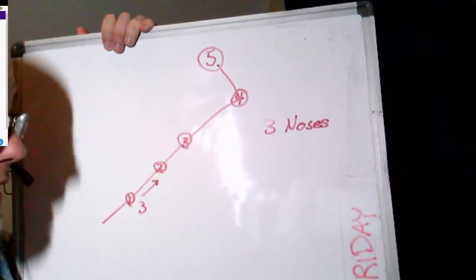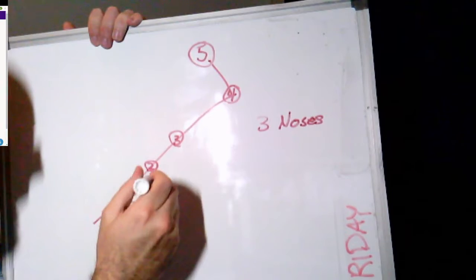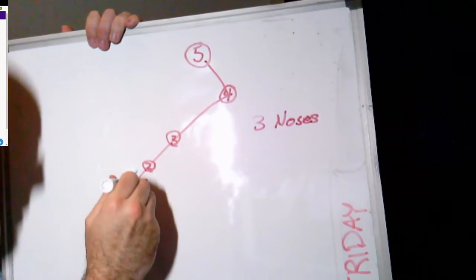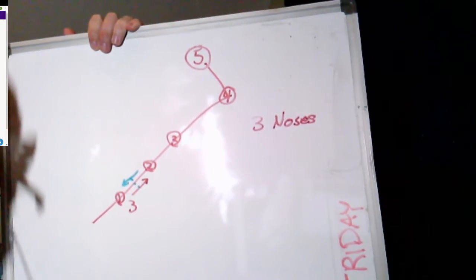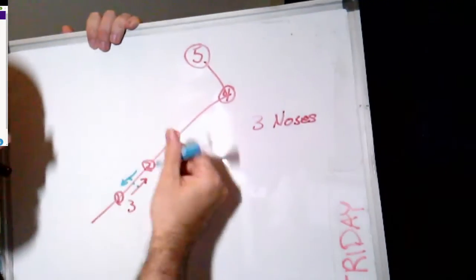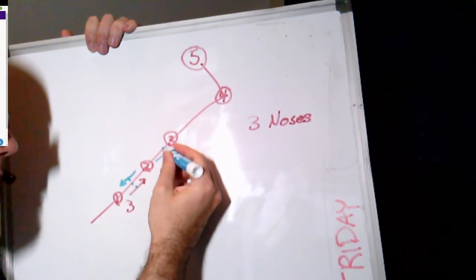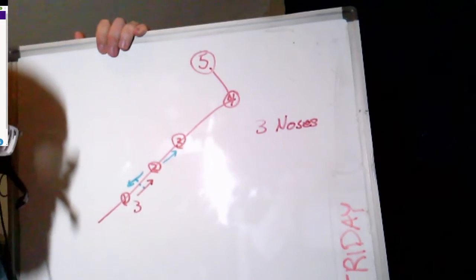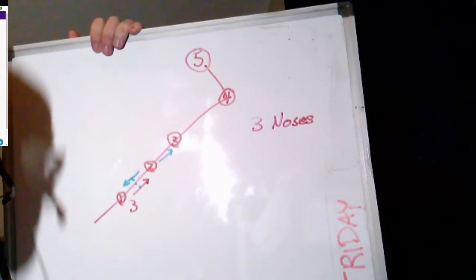Now, number two, though, number two is going to have three characteristics that are shared that it got from the last one, but then it needs to offer three characteristics that move up to the next one. Maybe they're the same, maybe they're different.